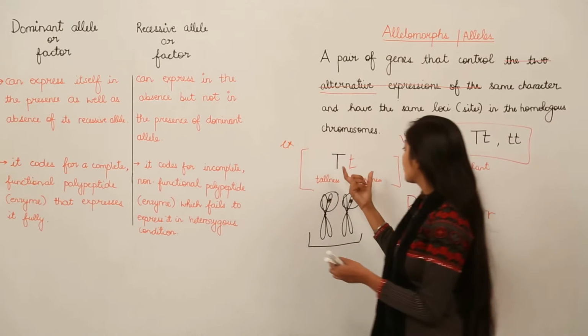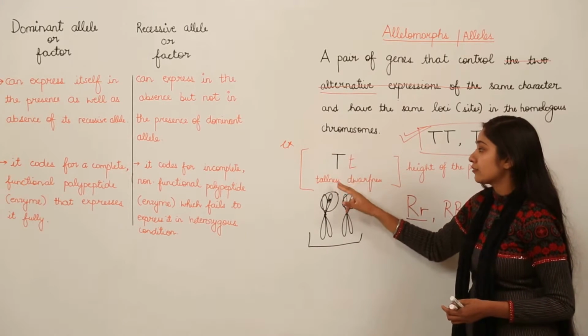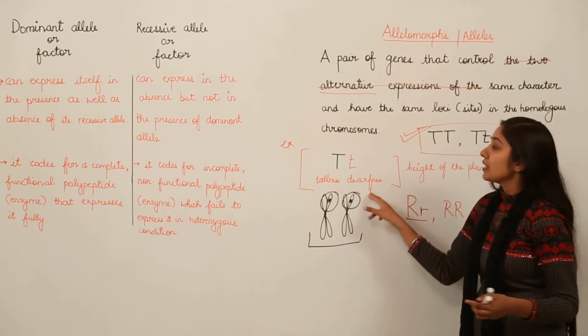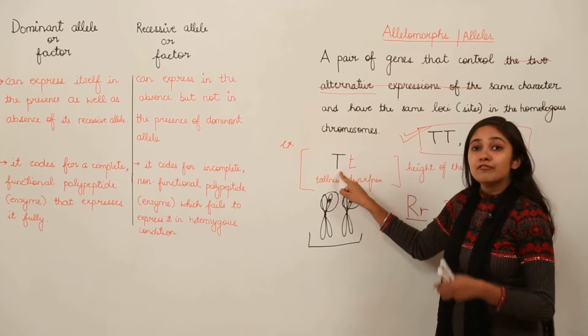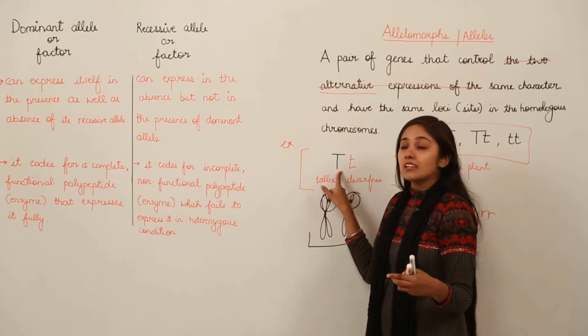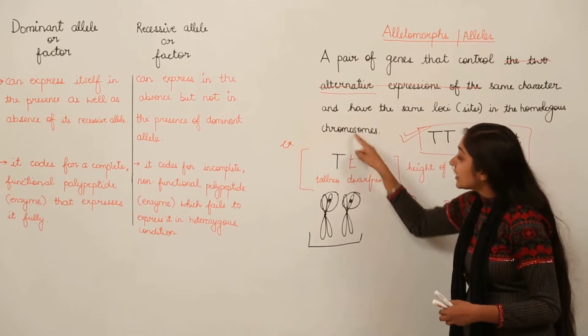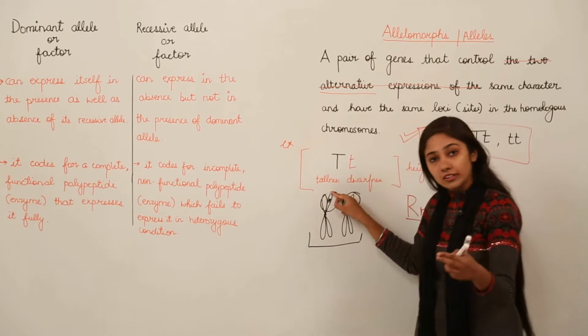For example, we have talked about this dominant allele, that is for tallness, and this is a recessive allele, that is for dwarfness. So when the dominant allele is present, the phenotype, meaning whatever you are going to observe from the outer appearance, will be dominated by the dominant allele. So the plant is going to appear taller. Okay.